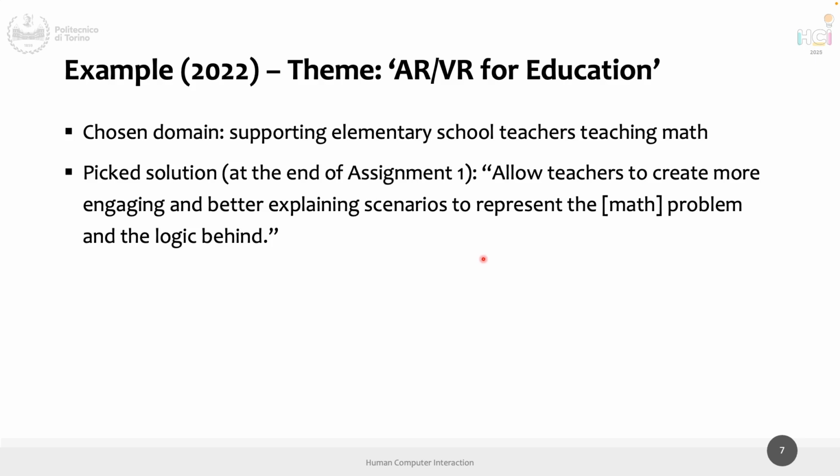It's not a technical solution, but it's the solution that you also will need to create at the end of assignment 1. Something to allow teachers to create more engaging and better explaining scenarios to represent the mathematical problem and the logic behind.